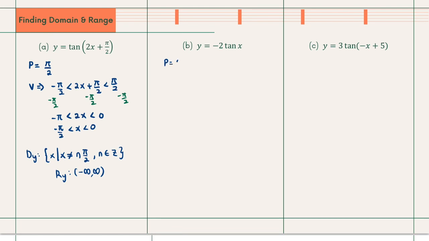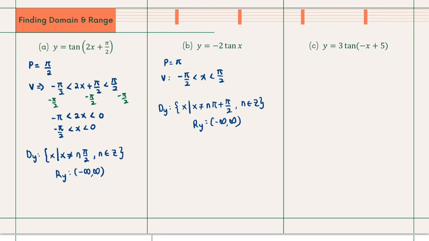So, period kat sini adalah pi sahaja sebab kebetulan B kita adalah 1. Kemudian cari vertical asymptote. So, negative pi over 2 less than x less than pi over 2. Okay, tak perlu ubah apa-apa. So, that means the domain for this function will be x such that x is not equals to n pi plus pi over 2 where n is the element of integers and range will be negative infinity until infinity.